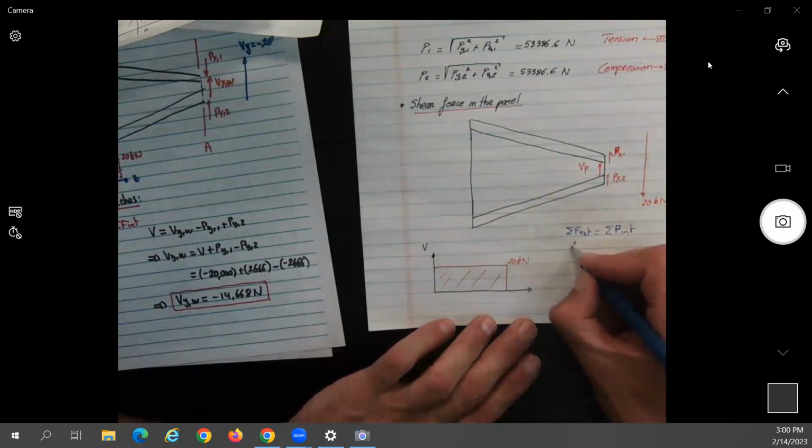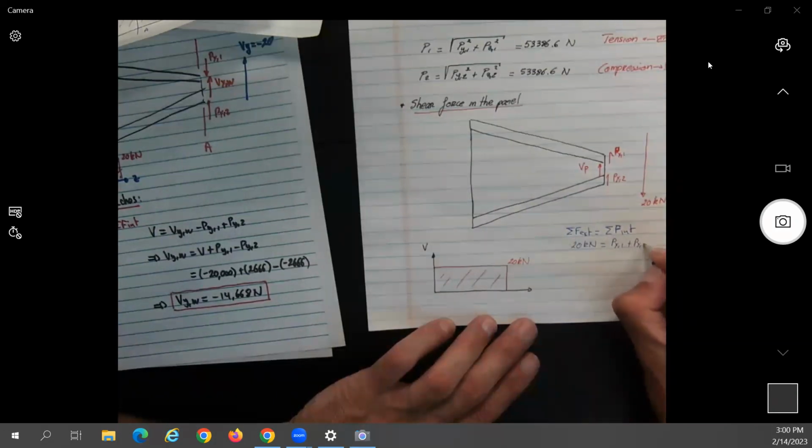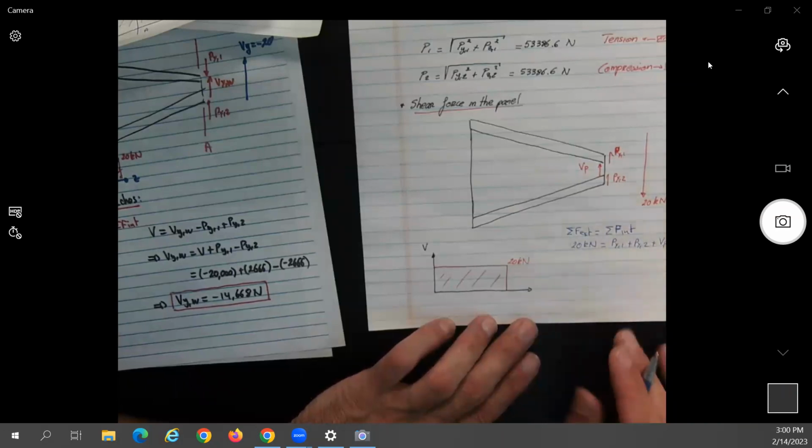So will be the 20 kilonewtons. Be resisted by what? P Y sub 1 plus P Y sub 2 plus the shear in the panel.